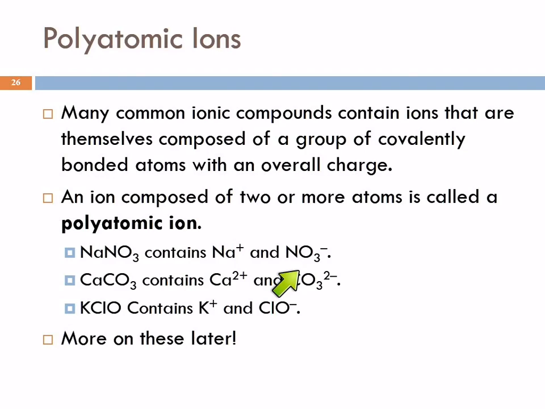It's an ion because it has a charge. What nitrate is, is 3 oxygen atoms and one nitrogen atom. They're covalently bonded together by sharing electrons. And then overall, there's one extra electron. So the whole unit has a -1 charge. And that's what the polyatomic ions are. We'll learn a lot more about them later.